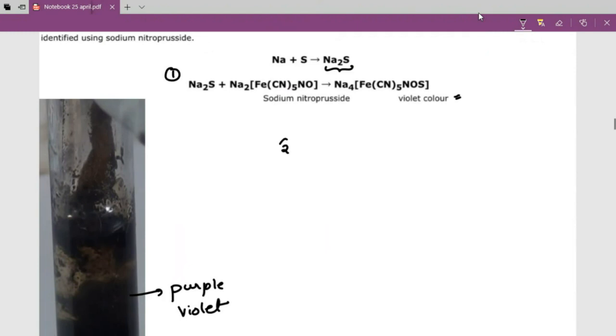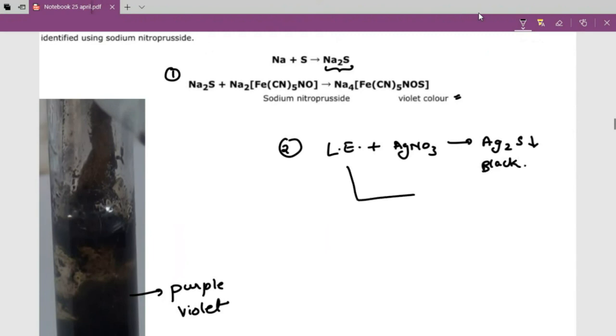Number 2 you can do is, take a few drops of the Lassaigne's extract in a separate test tube, and you can add AgNO3 to it. Then a black precipitate of Ag2S forms.